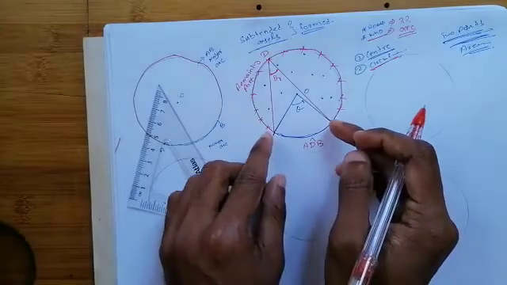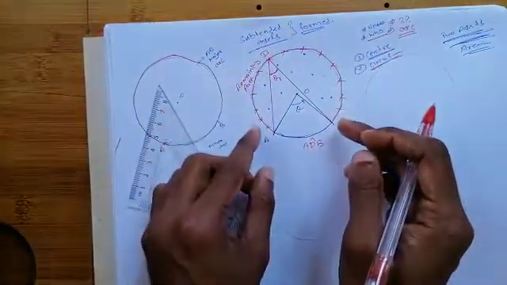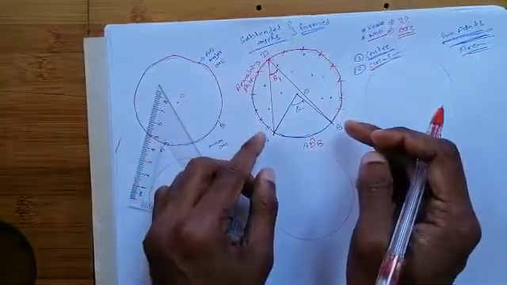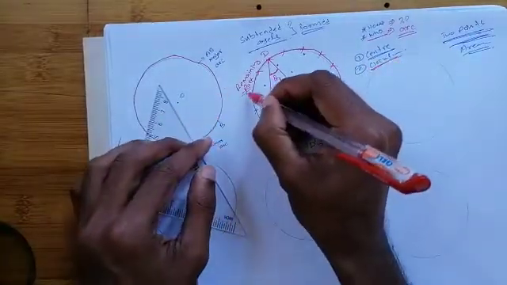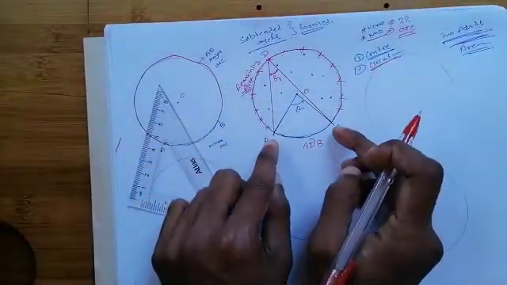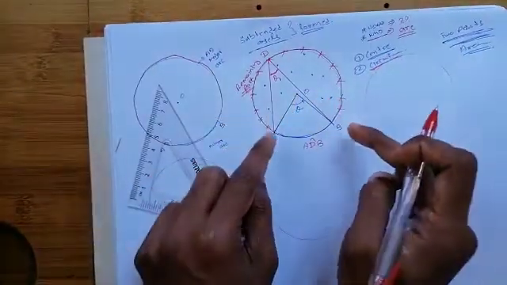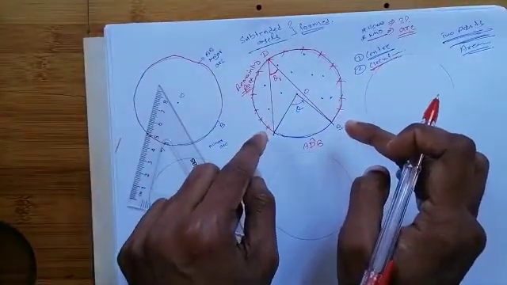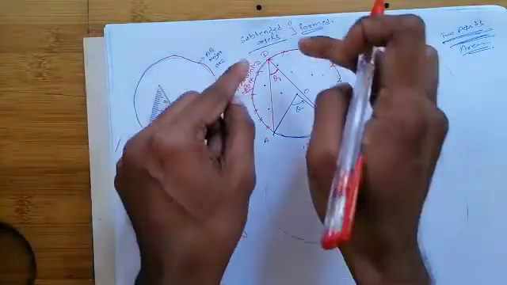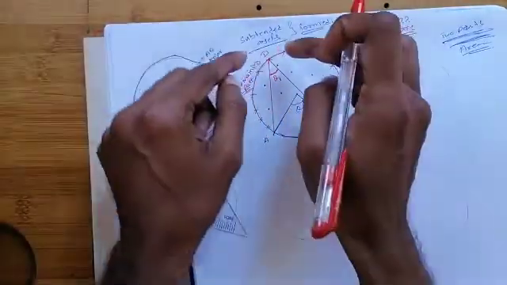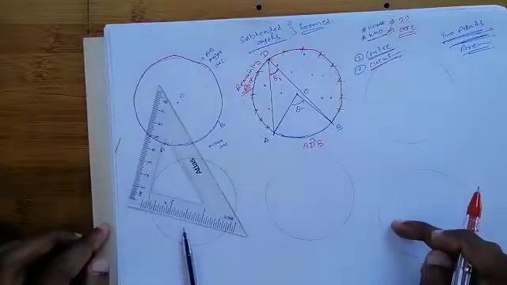So we call the remaining part not the circumference, but the remaining part of the circle. So AB arc can form an angle at the center, and AB arc can subtend an angle at the circumference, at the remaining part of the circle.